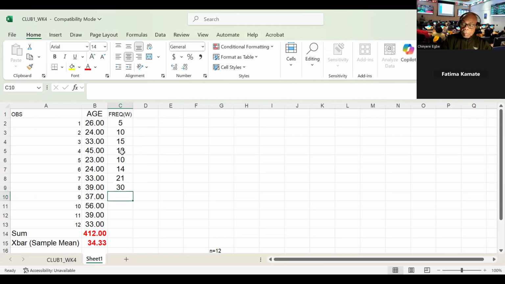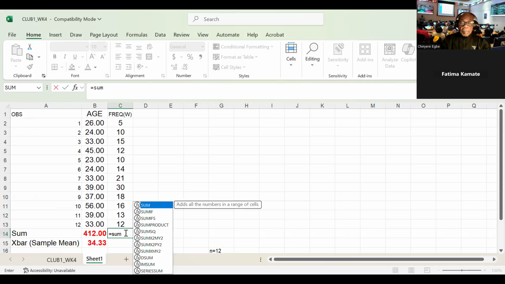30, 18, 15, 13. Okay. So how many persons do we have in this group? And so we say, well, sum.